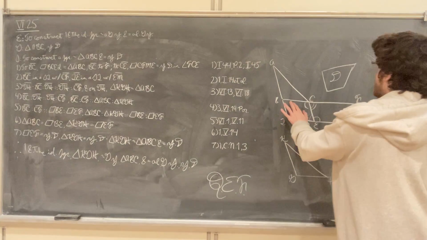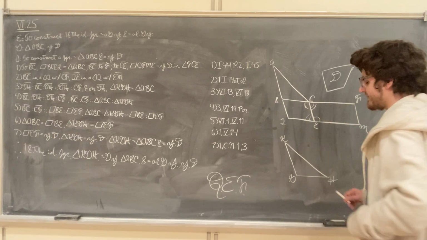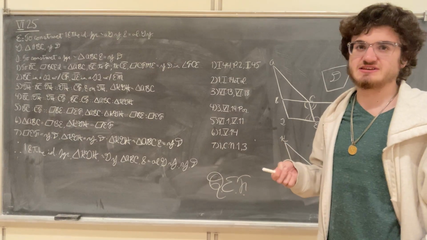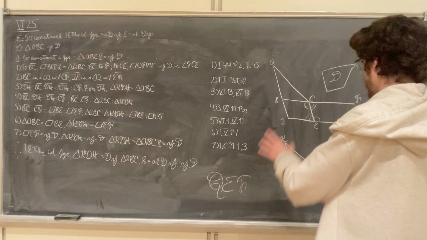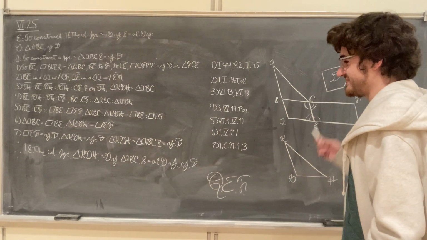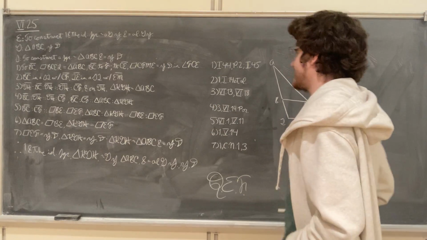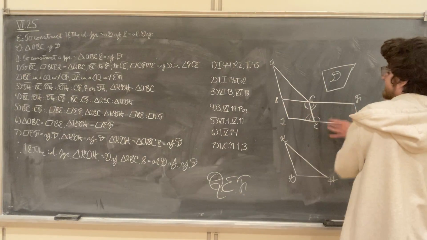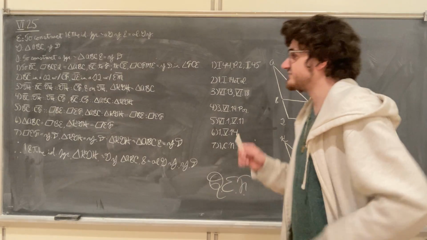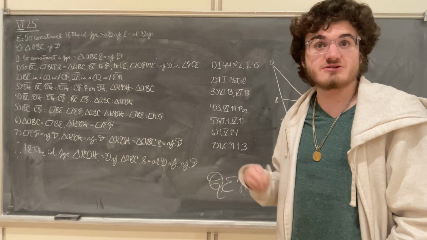But we will observe that BC is to CF just as the parallelogram BE is to the parallelogram EF. That's proposition 6.1. These two parallelograms BE and EF are under the same height, which means they are to each other as their bases, so that BC is to CF just as the parallelogram BE is to the parallelogram EF, which means we have two ratios which are the same with the same ratio, which means they are the same with one another.